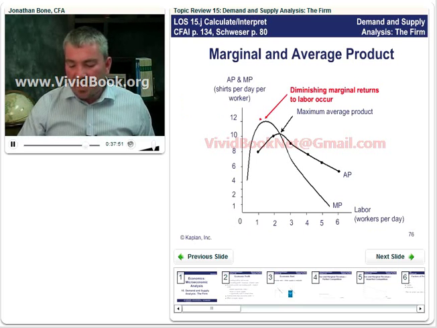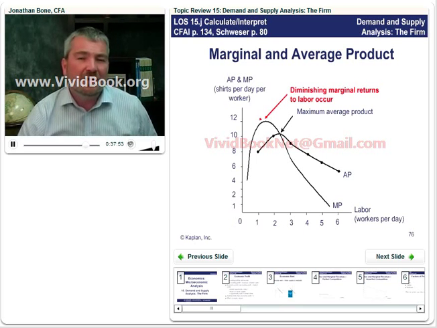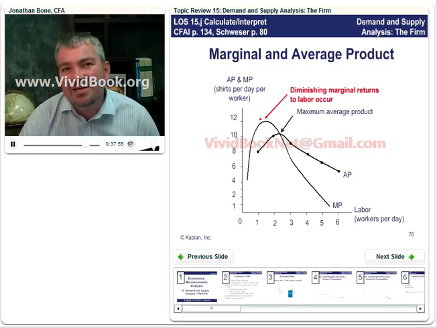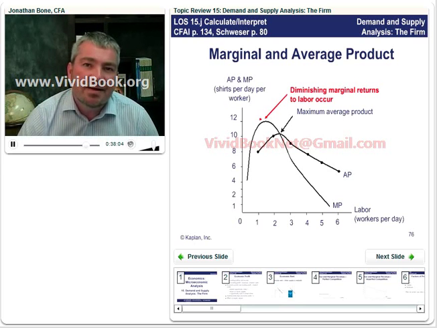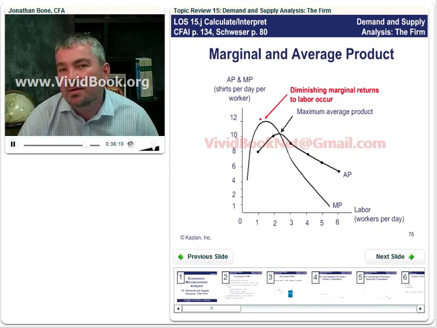Now let's compare marginal and average product. Marginal product is the additional product of 1 extra worker. Average product is total output divided by total workers. Now the argument here is if marginal product is above average product, if you employ 1 extra worker, the average product should rise.